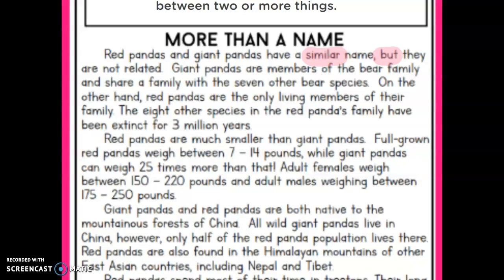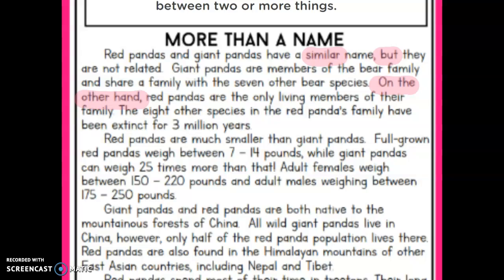Giant pandas are members of the bear family and share a family with the 7 other bear species. On the other hand, another clue word, red pandas are the only living members of their family. The 8 other species in the red pandas family have been extinct for 3 million years.